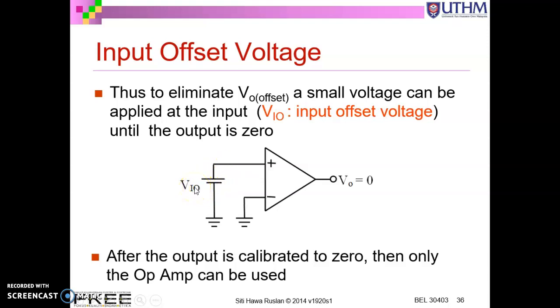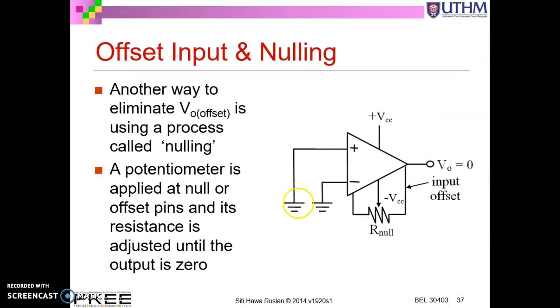This is called the VIO, the input offset voltage. Set this value until your Vout is equal to 0. When your Vout is set to 0, you have calibrated your op-amp. Only then can you use your op-amp for other purposes.